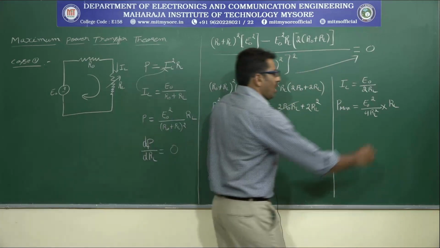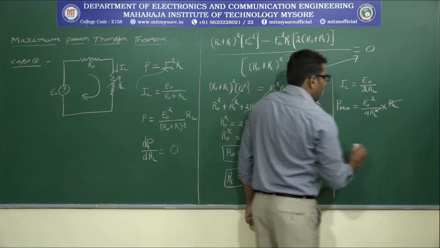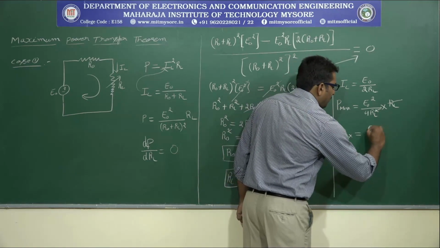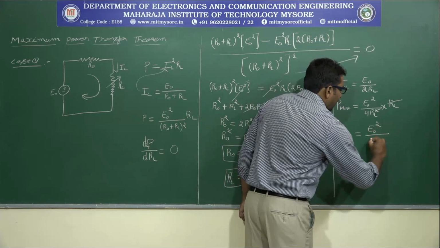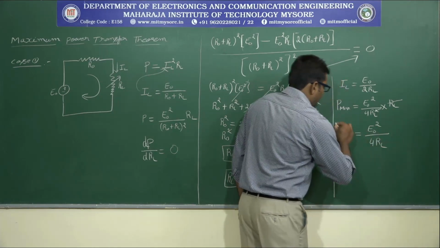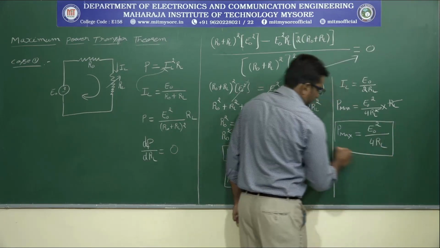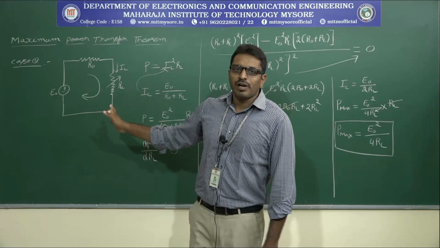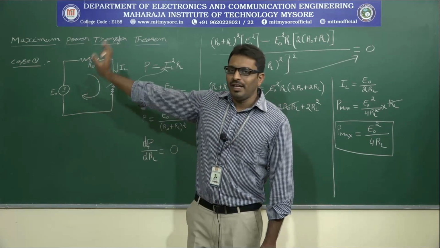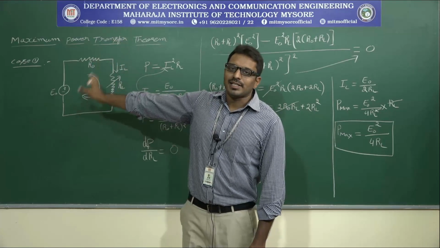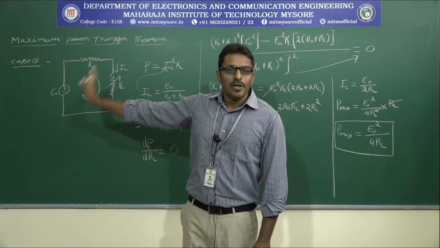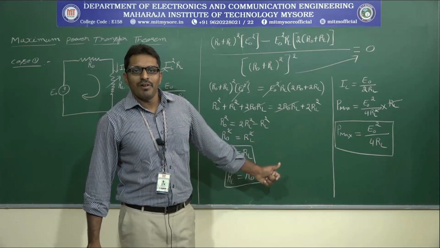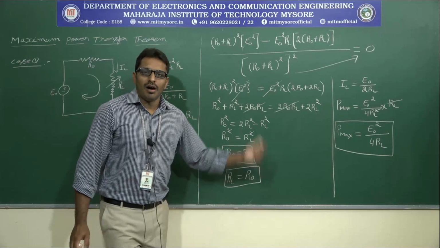RL square will get cancelled. Therefore P max equals E naught square divided by 4 RL. So this is the condition for maximum power in case 1, when a DC source with internal resistance R naught is connected across a variable load resistance RL. The condition to transfer maximum power is RL equal to R naught.